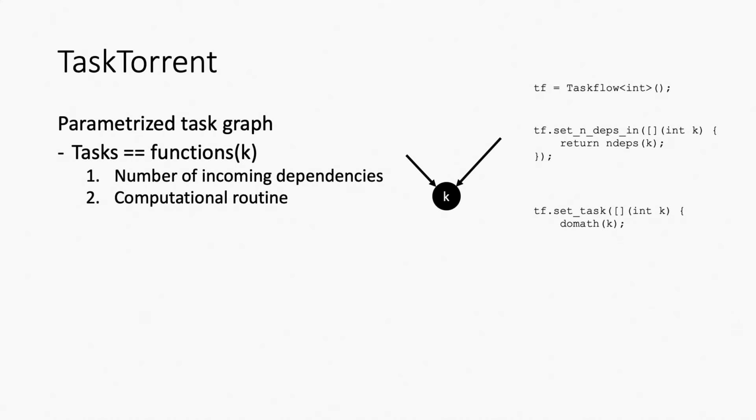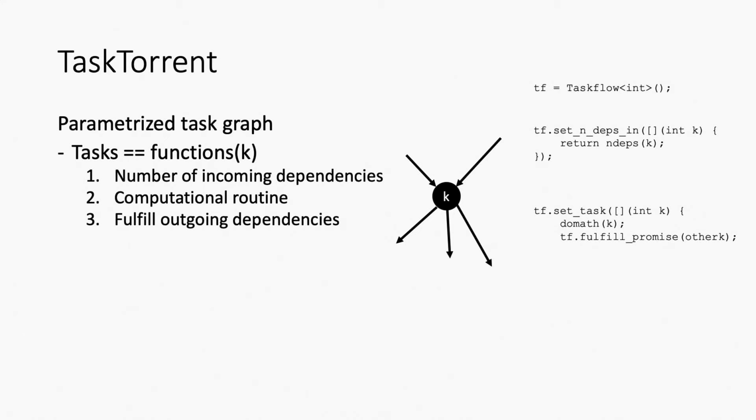For instance, this task k has 2 dependencies. You express that by building a function of k that returns how many dependencies that task has. Then you create a function that does something when this task has to run. And then finally, you create a function that triggers more tasks when that task is done. So that's the main philosophy. Really, you express things with functions of some index.